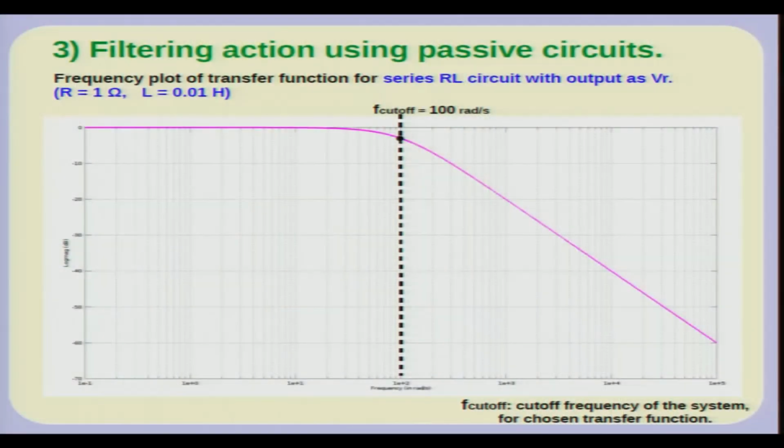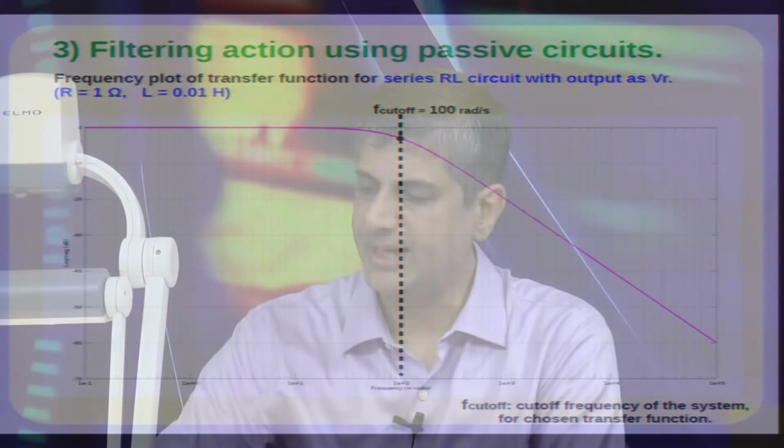Now, suppose I take this RL circuit and design it with just this R and L value as shown. We have this transfer function between VR and VI, which I mentioned some time ago, and for this RL circuit the transfer function between VR and VI is R upon R plus SL.